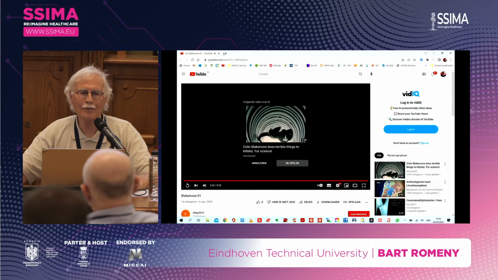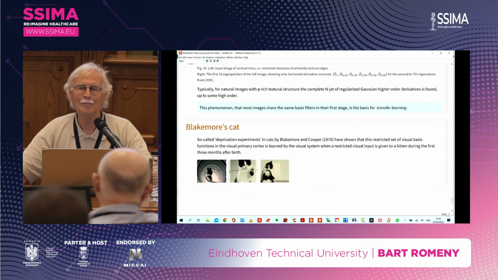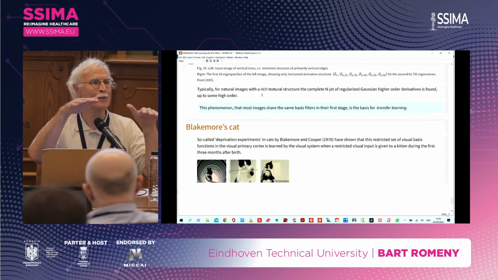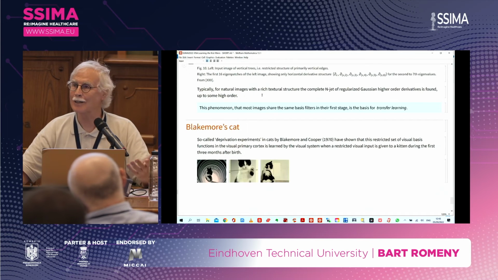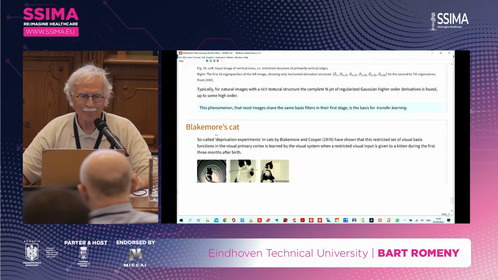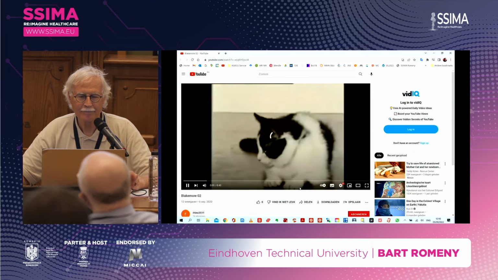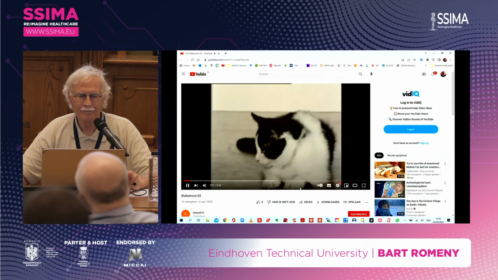So it's a pretty heavy experiment, but they put this kitten from birth, it had never seen anything else, in only horizontal lines. And now the trick is, what does this kitten learn? But its vision is not really complete.